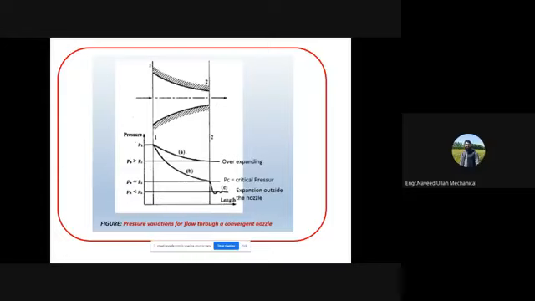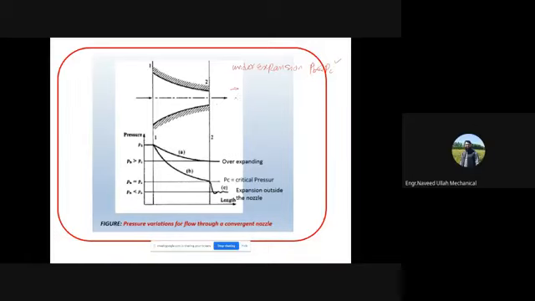Now remember that ideal, you can say that we have basically three types. One is, let's say, the under expanded case, when your PB is less than PC, the design value.